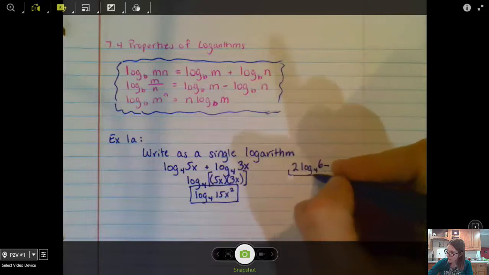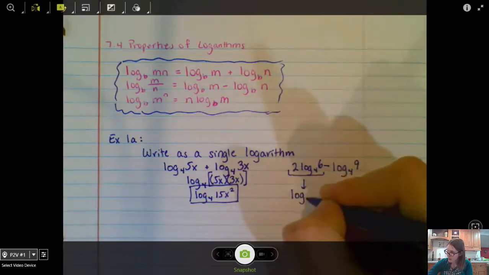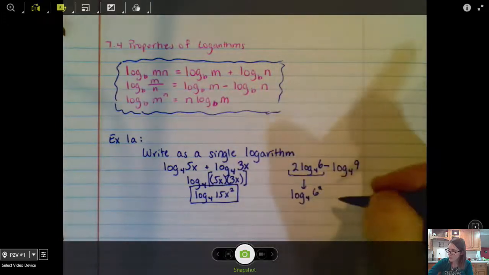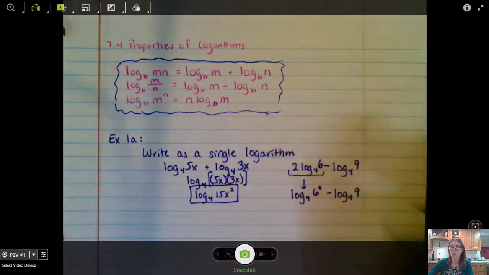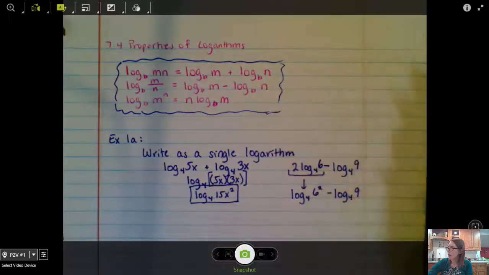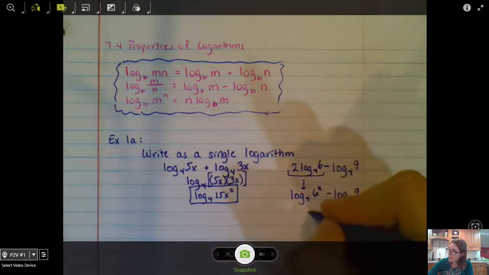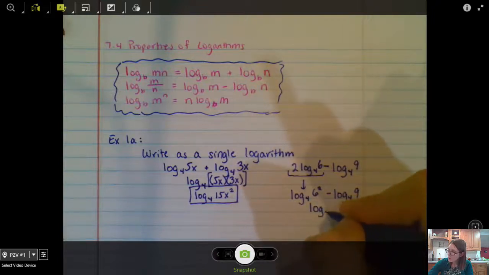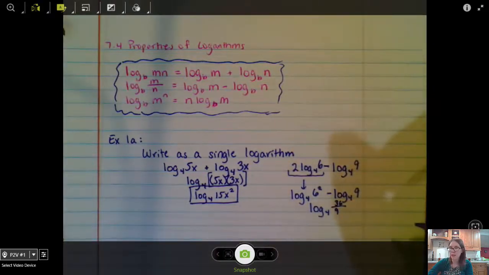This first part is the same thing as log base 4 of 6 to the second power minus log base 4 of 9. Now I can use that middle property, the second one, where I have two things that are subtracted, and put them together with division. Log base 4 of 6 squared is 36 over 9.